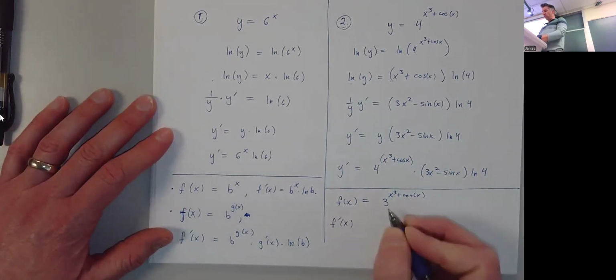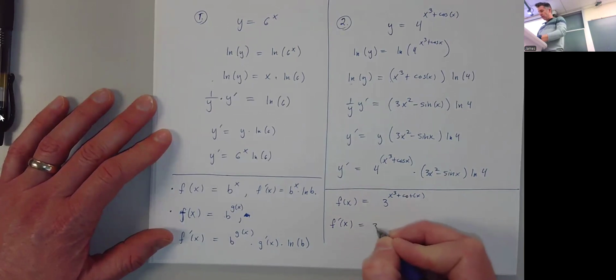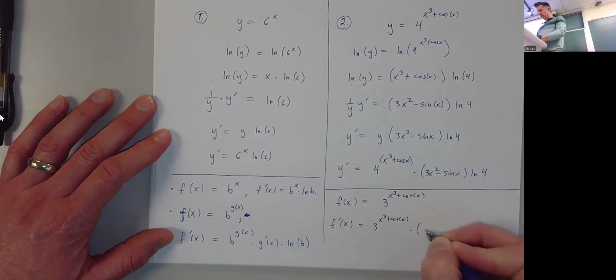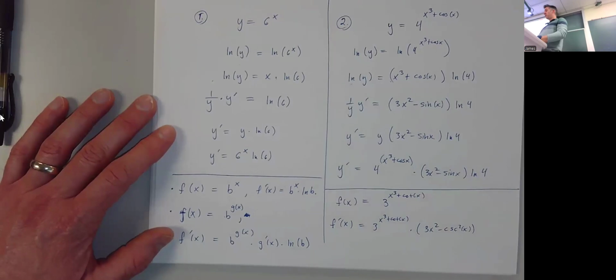We know the derivative of 3 to the stuff is going to be 3 to the same stuff multiplied by the derivative of that stuff, which is 3x squared minus cosecant squared of x. And then we have to throw in a natural log of 3.